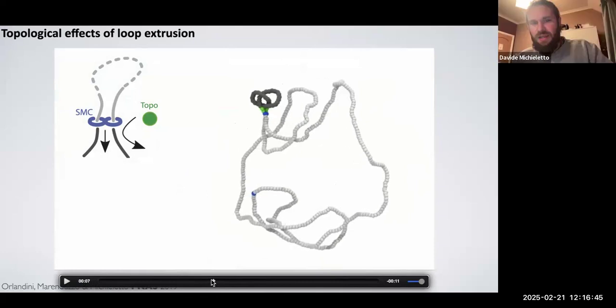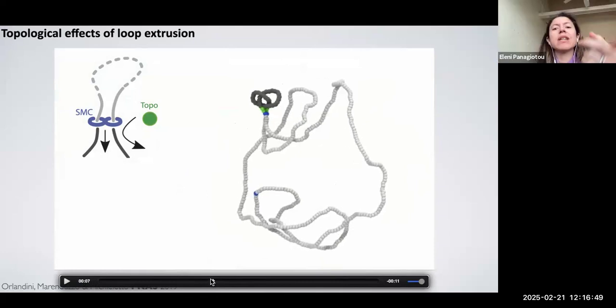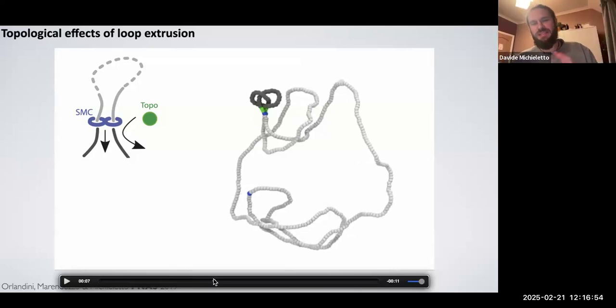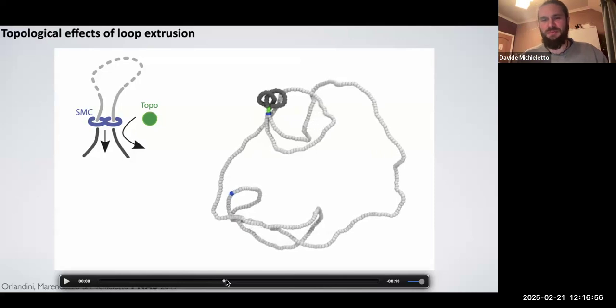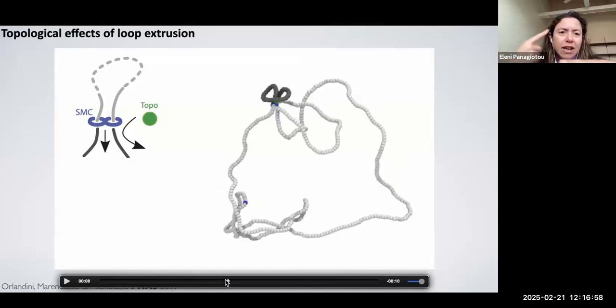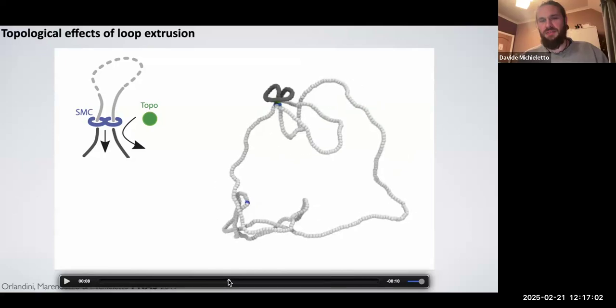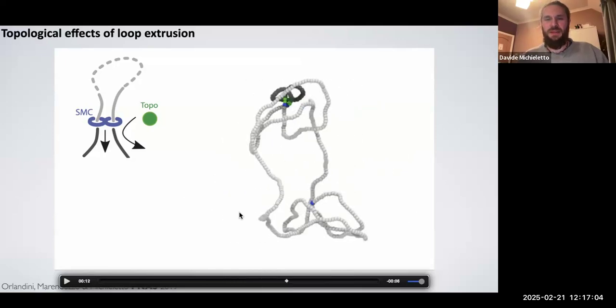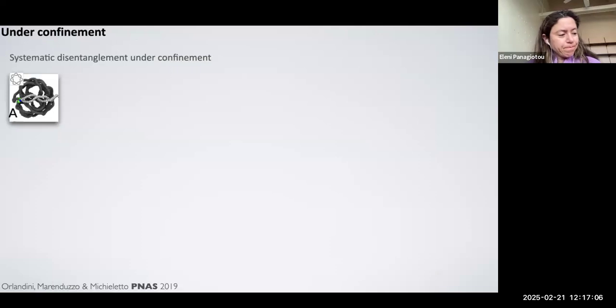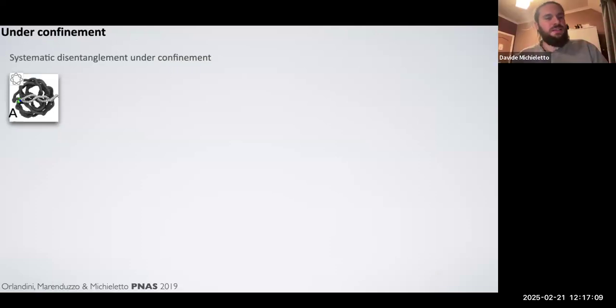The black beads can cross through the green. The green is this phantom bead that allows anything to pass through. So it is modeling the action of topoisomerase on DNA, exactly. It allows the crossing, and now it's open. Okay, thank you. So now I want to show also a more confined situation.